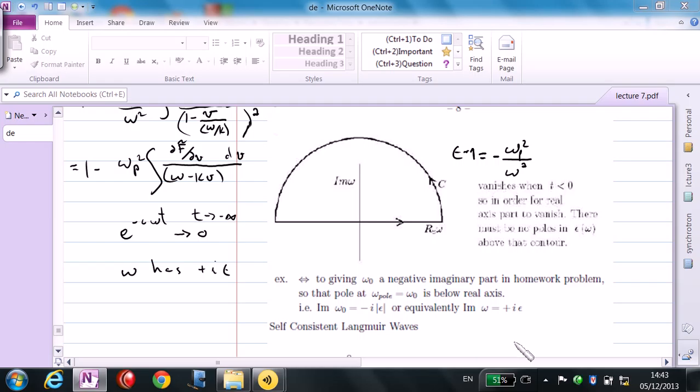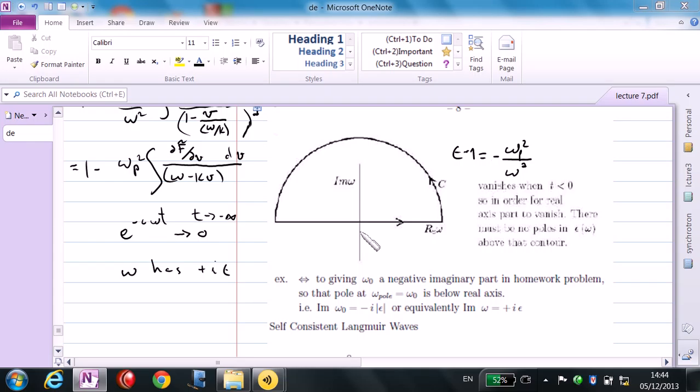Now what was I thinking here? So I obviously want to avoid that pole. You want to avoid it? Okay, I don't understand. I want that pole to be slightly below. Because if you take a contour and you don't have a pole inside, then the integral will give you zero.